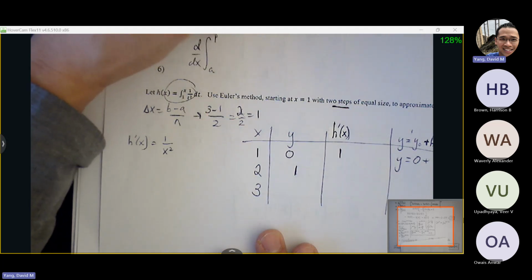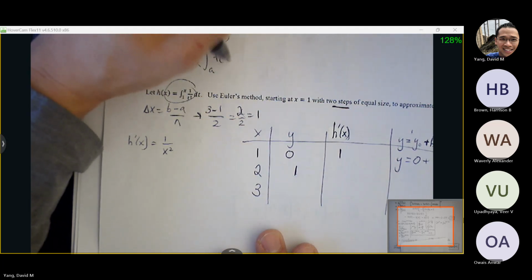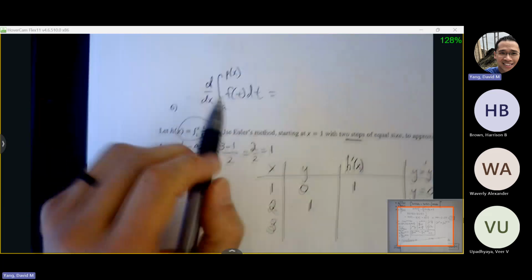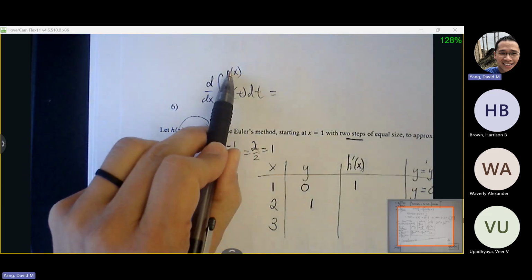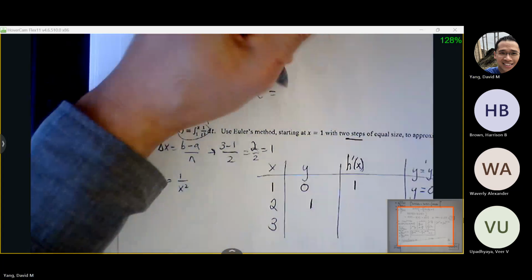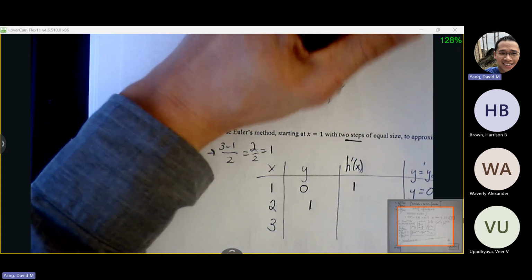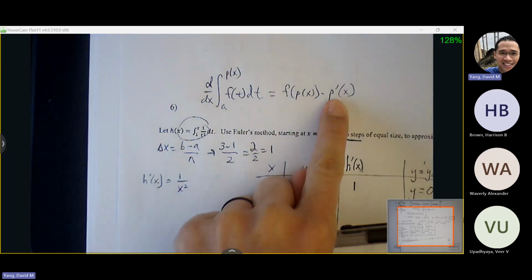So here's the second theorem. It says that if I want to find the derivative of the integral, I'm going to plug the upper bound into the function and then multiply by the upper bound's derivative.